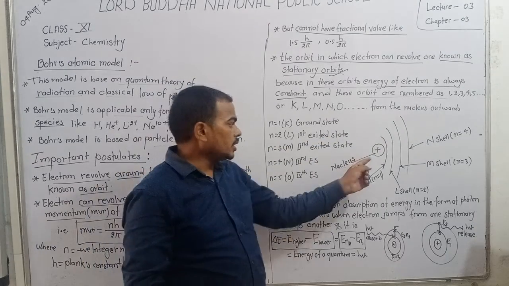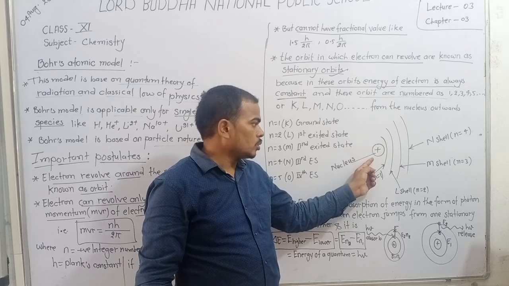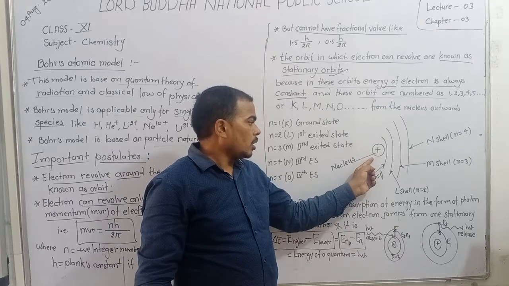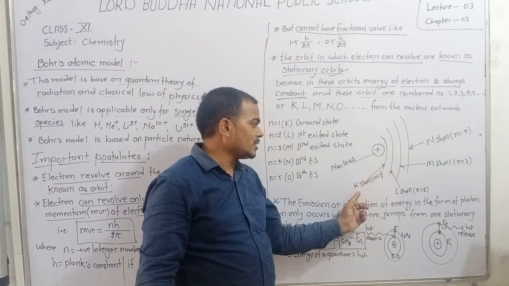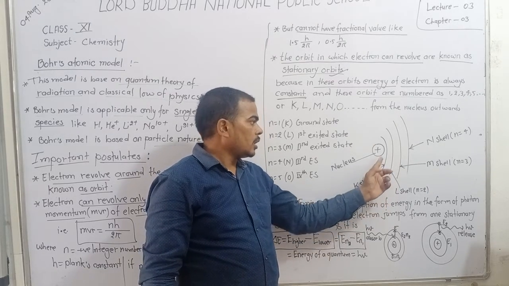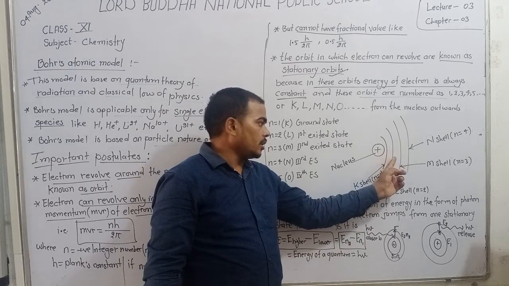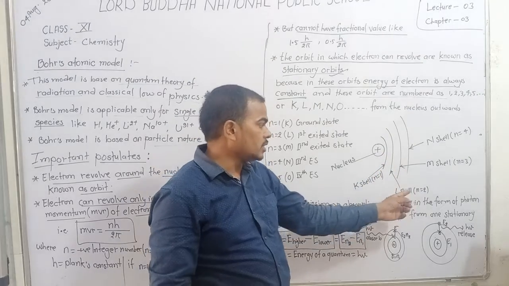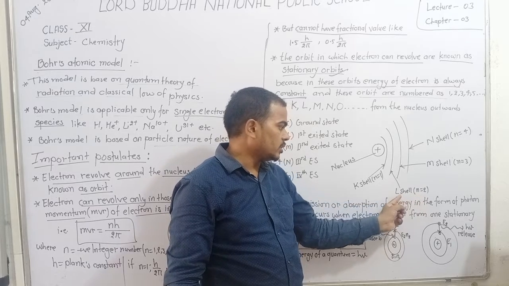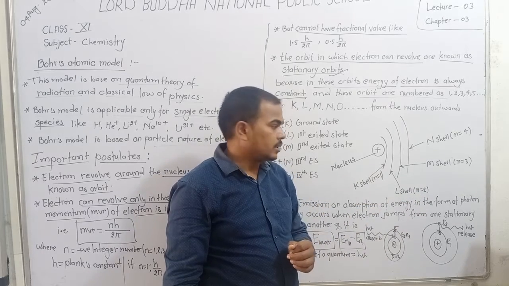Like here the nucleus, then outwards, the first orbit is the K shell, and then the second orbit, for which the integer value is 2, is known as the L shell.